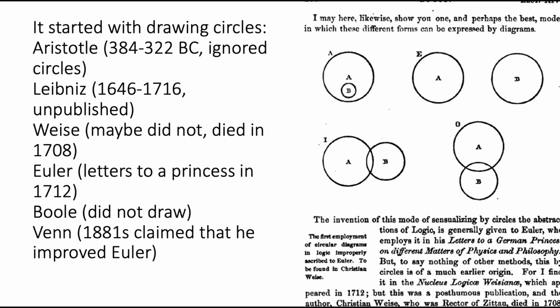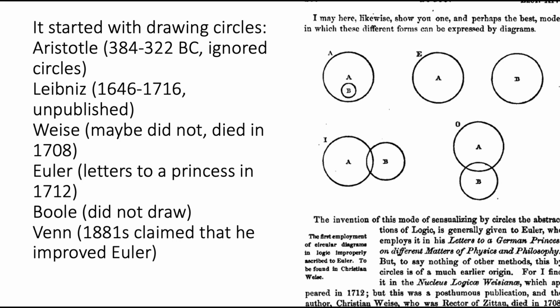There was another guy in between, Christian Weisse. In some books he is also cited as the inventor of the circles, but it's not really clear, and therefore we mention him, but we don't give many details on what he did.